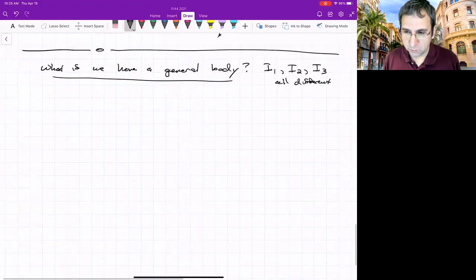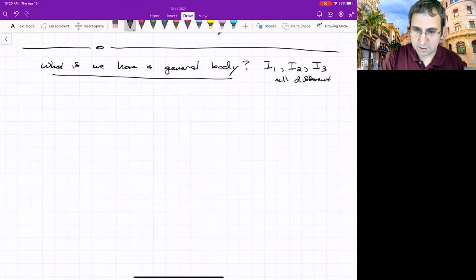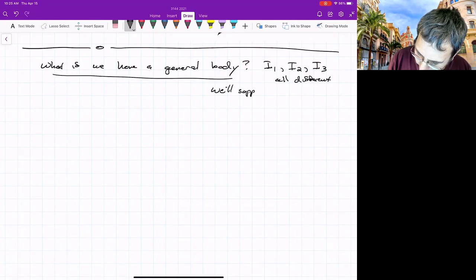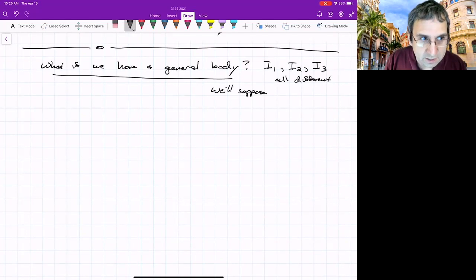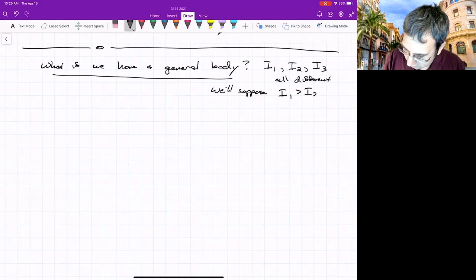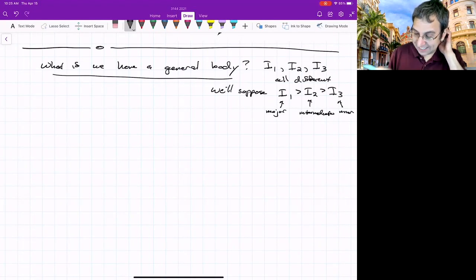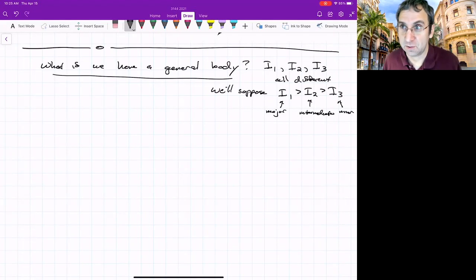The convention that we'll use is that I1 is the largest, and then I2 and I3. So we'll suppose the way that they're ordered is such that I1 is the largest, I2 is in the middle, and then we have I3. So we call this major, intermediate, minor. And so we'll have the corresponding principal axis be B1, B2, B3, so that there's no confusion.